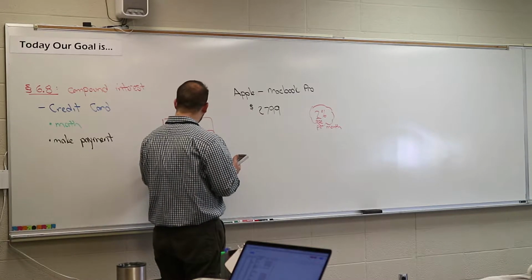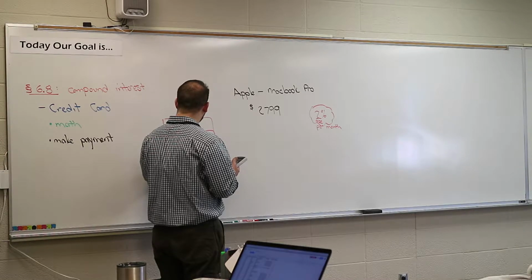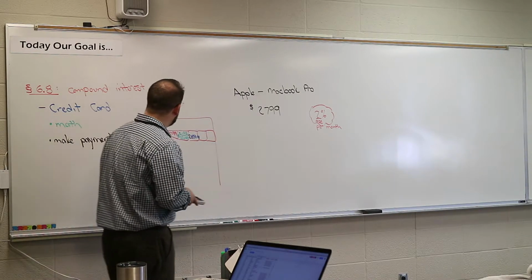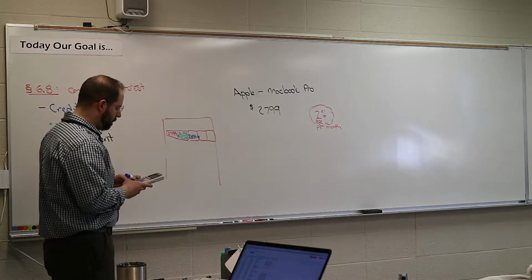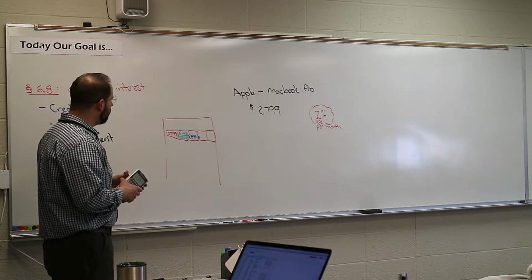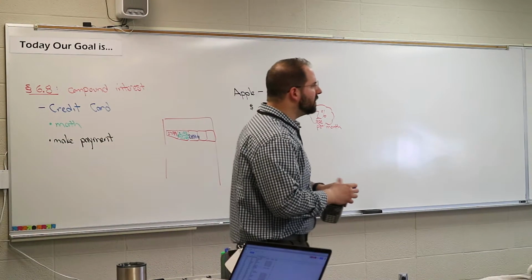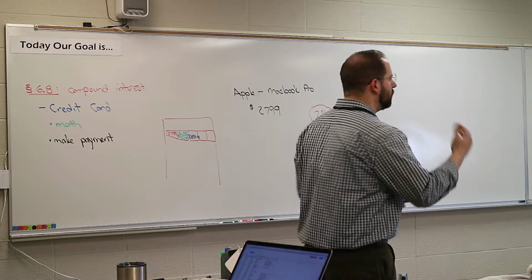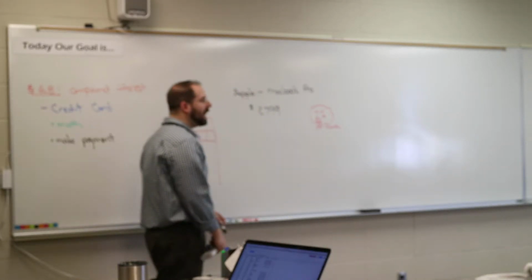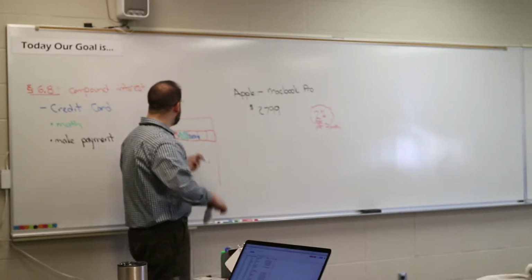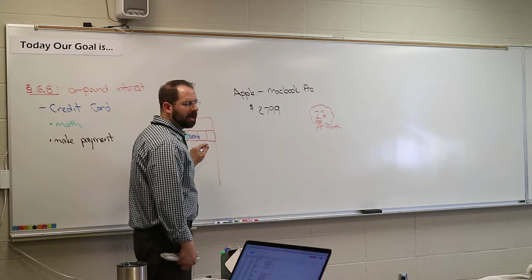This will be 2854.98. Everyone got that in the third box? Above it, it says total, correct? This is the new total. At the very end of April, it says new balance. So the middle box is total.